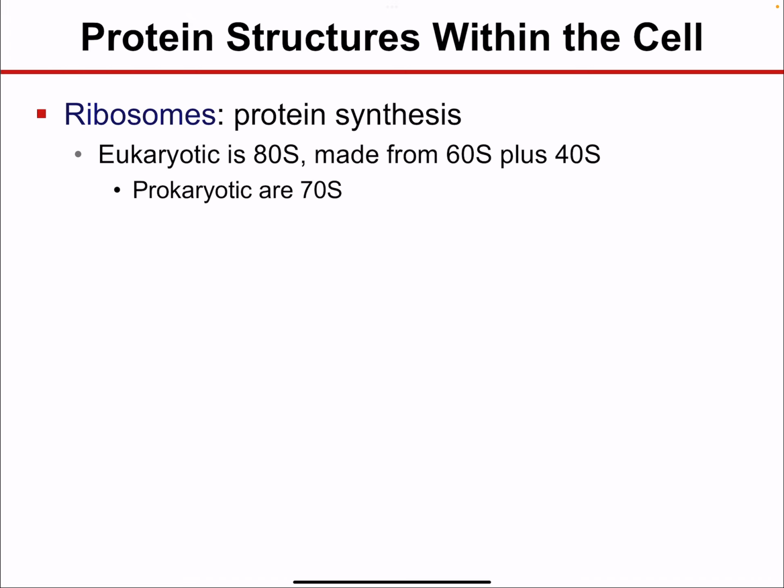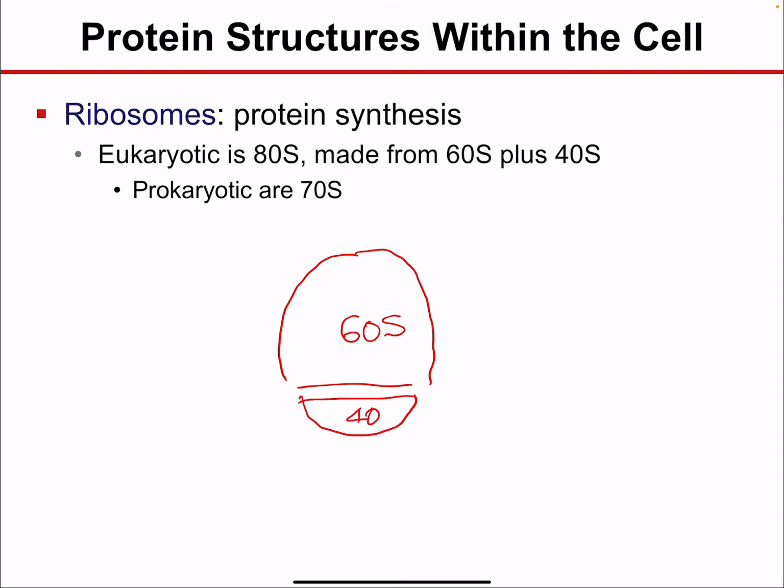All right. So how about protein synthesis? I did tell you that the ribosomes of eukaryotic cells are made up of two subunits, a large subunit that we called 60S, and a small subunit that we called 40S.